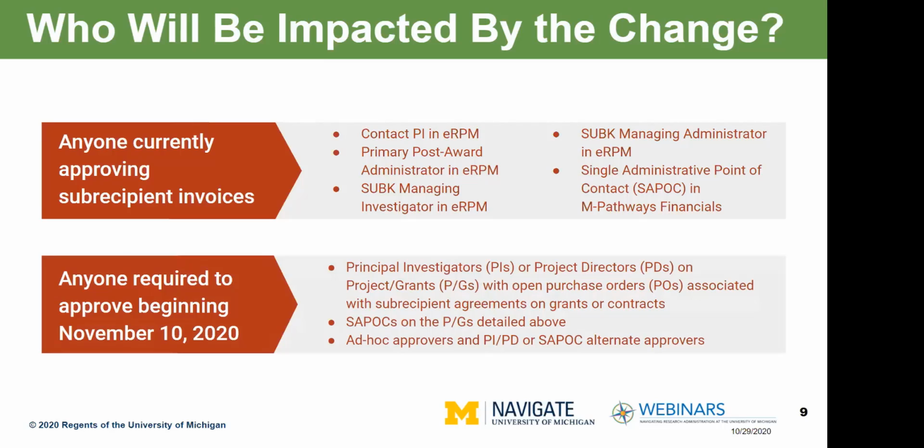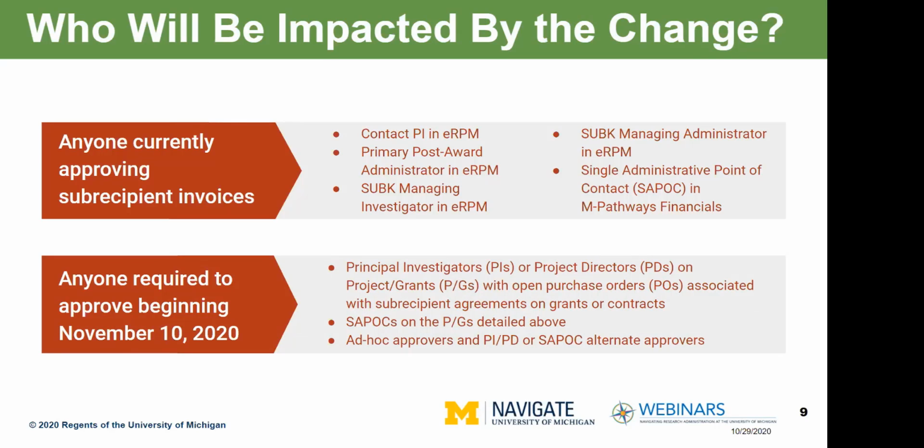A second group that's going to be impacted by the change is anyone who will be required to approve after November 10th. And that includes any principal investigators or project directors on project grants where there are open purchase orders associated with subrecipient agreements on contracts or grants.